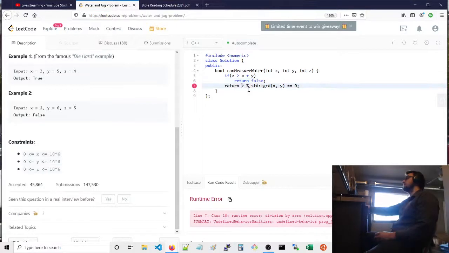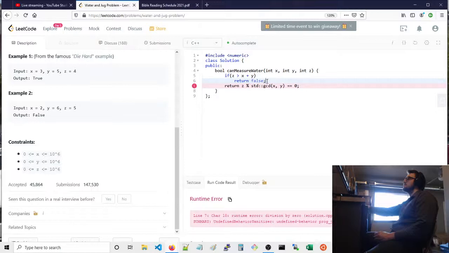If you try to do this, it's a division by 0, and then GCD of 0, 0, I don't know what you get. But if X is 0 or Y is 0, then you're in a totally different ball game. Obviously, if Z is 0, oh, I forgot the other one too. If Z is, no, that's fine.